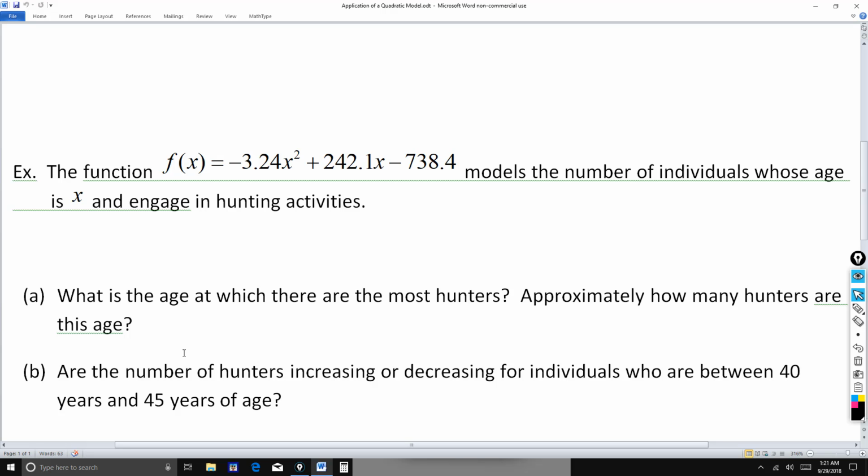According to the model, it's 3,784. Okay, and then it asked, are the number of hunters increasing or decreasing for individuals who are between 40 and 45?